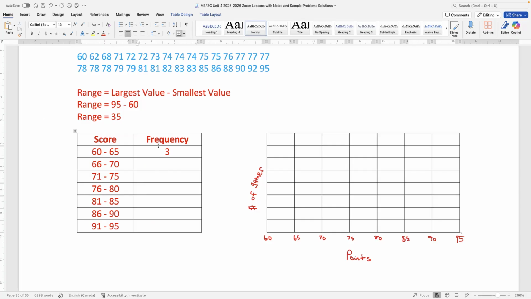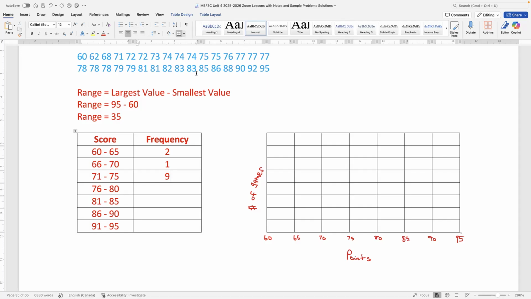So 60 to 65, we only have 2. 66 to 70, we had 1. 71 to 75, there's 1, 2, 3, 4, 5, 6, 7, 8, 9.